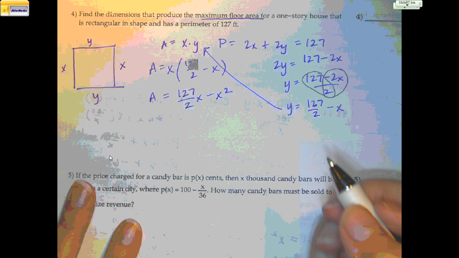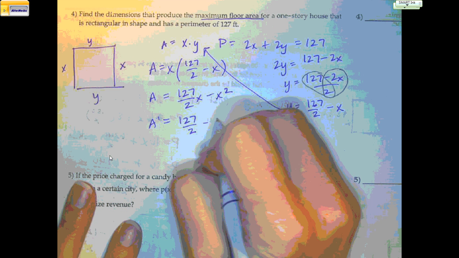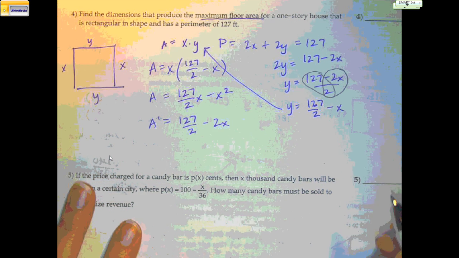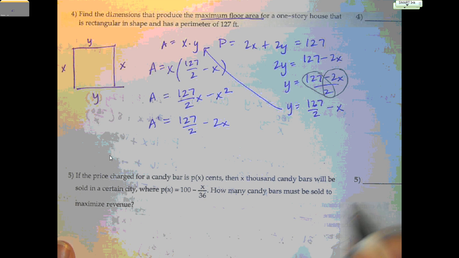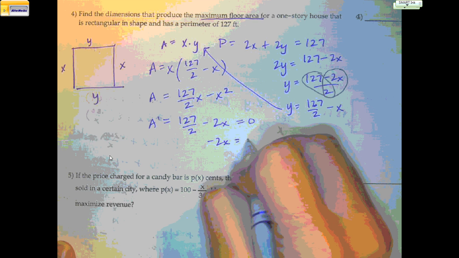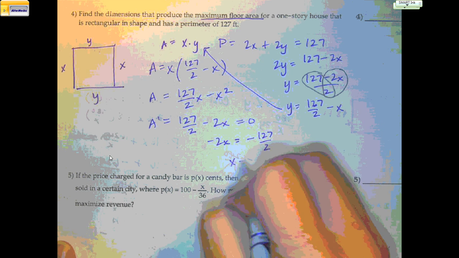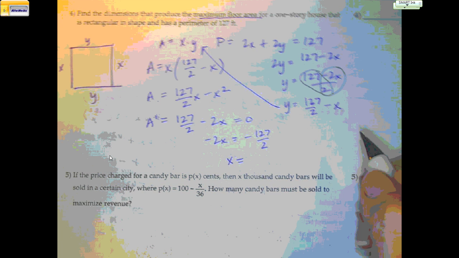And we find our derivative because we're looking for the maximum floor area. Once you find your derivative, what do you do? Set it equal to 0. Don't mess up the last step because you forget how to do fractions.